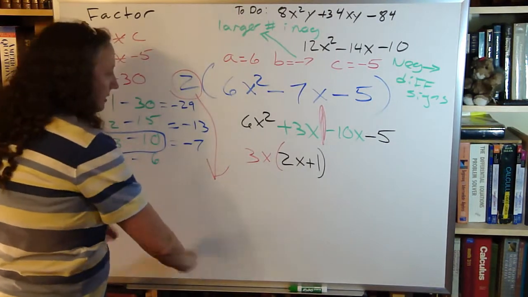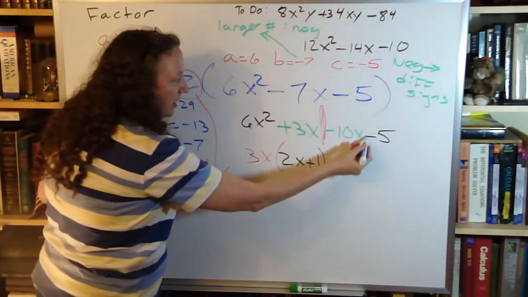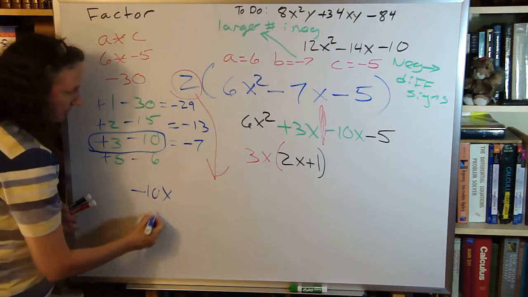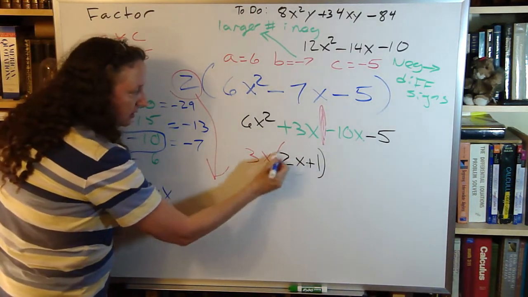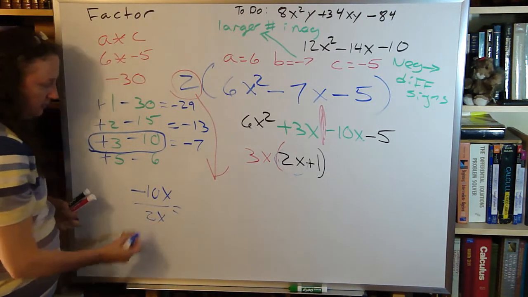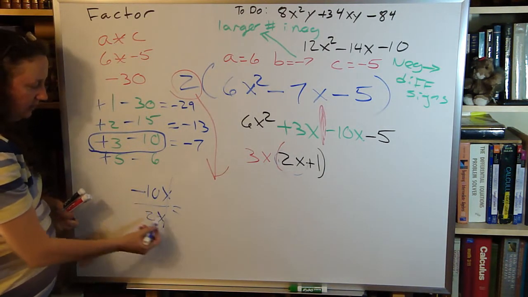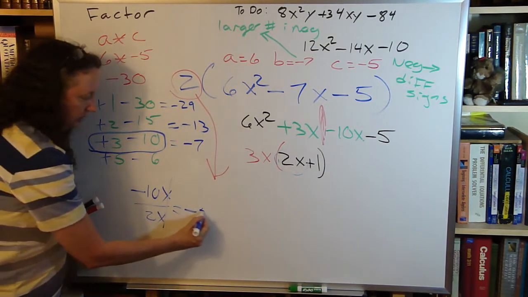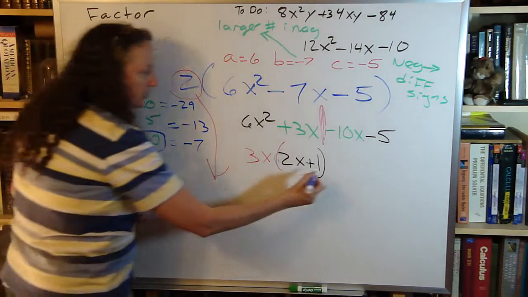Take my shortcut. Take my minus 10x, divide by my 2x. My x's cancel out. Negative divided by positive is negative. 10 divided by 2 is 5. So I have minus 5.